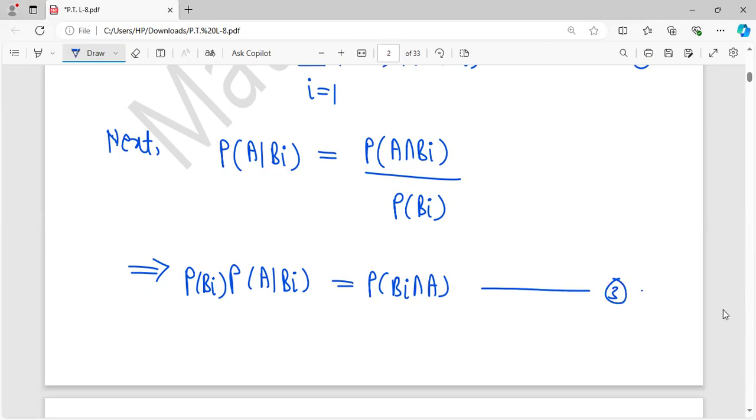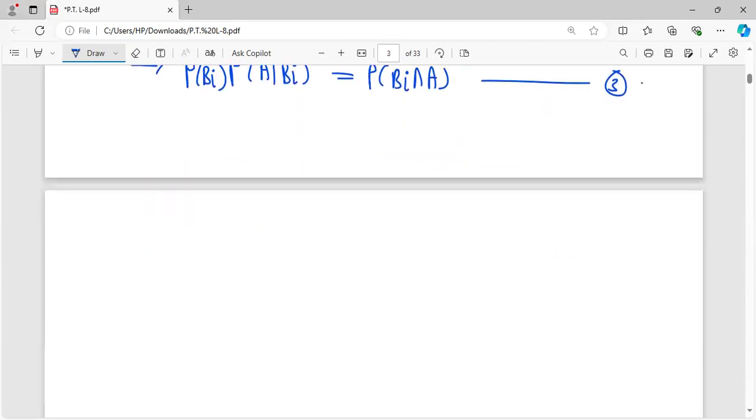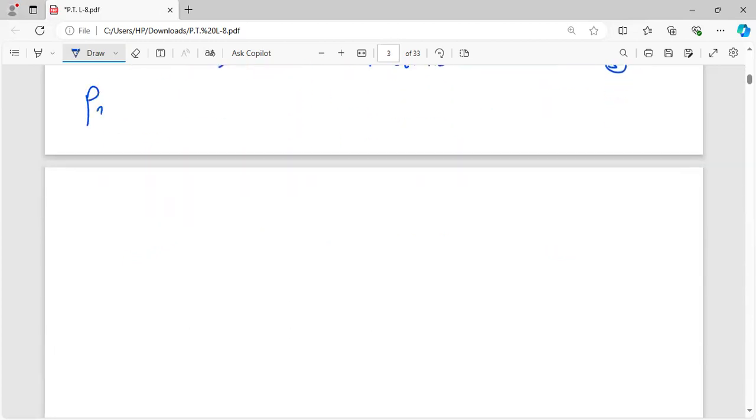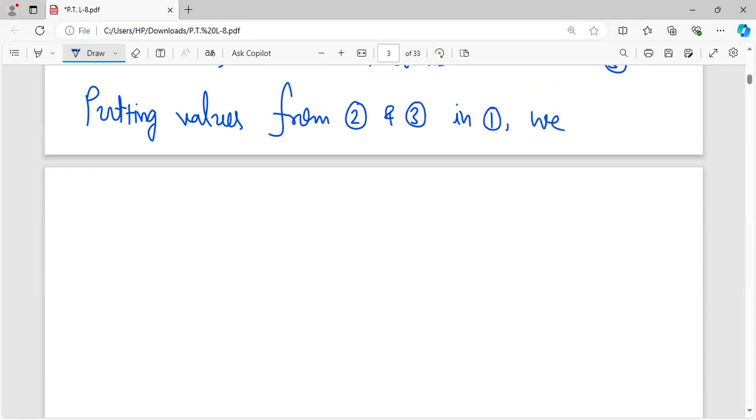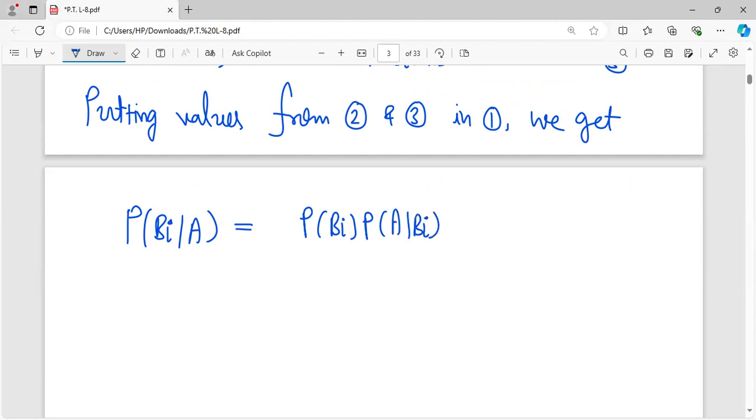So putting the values from 2 and 3 in 1, we get probability of Bi relative to A is equal to P of Bi times probability of A relative to Bi, upon summation i goes from 1 to n of P of Bi times probability of A relative to Bi.